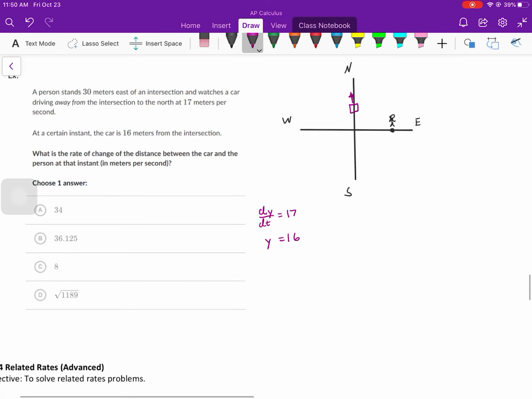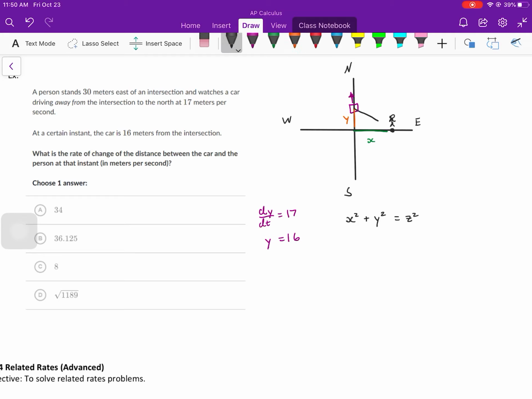What is the rate of change of the distance between the car and the person at that instant? Okay. So we have x squared plus y squared equals z squared. So we have our x. We would have our y.